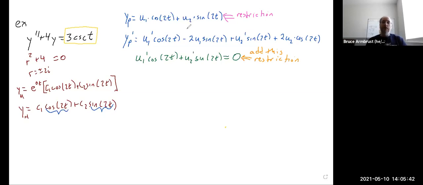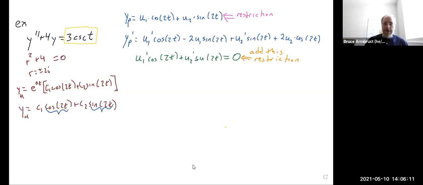Because now u1 and u2 can't just be any old random functions. They're going to have to make it so that this is a solution to the differential equation. So that was restriction number 1. I had one more that I could use because it's a 2-function deal. And that's where I'm going to put this in. All right, so we're going to add in that restriction.